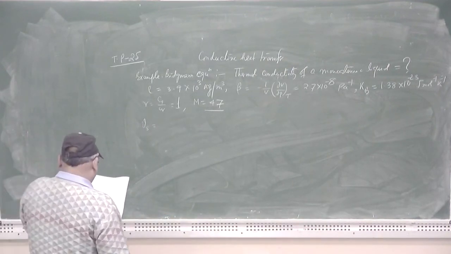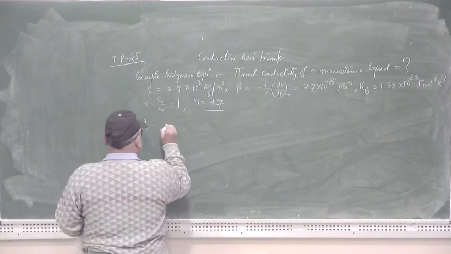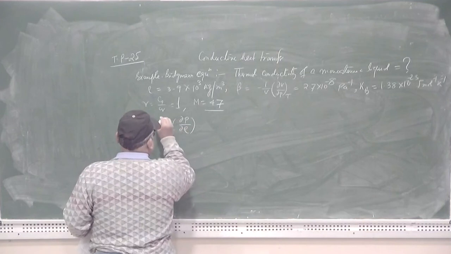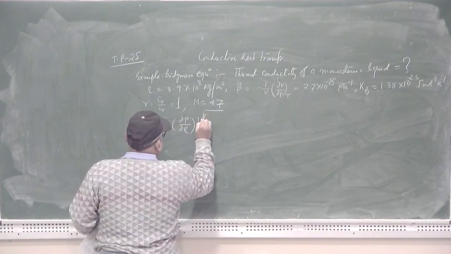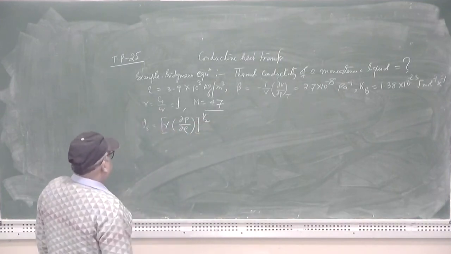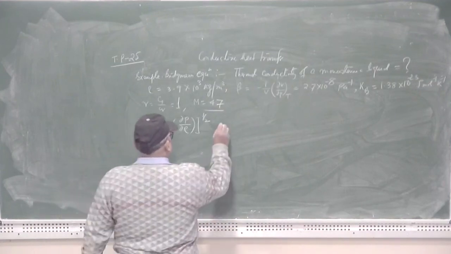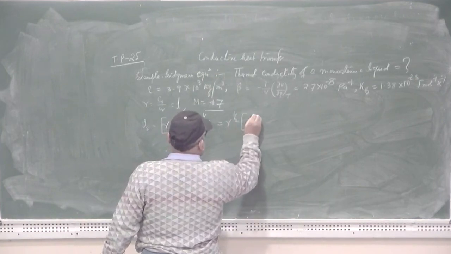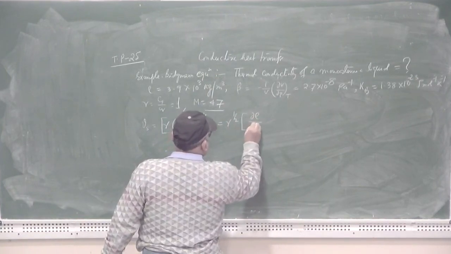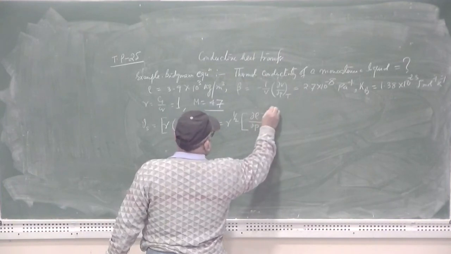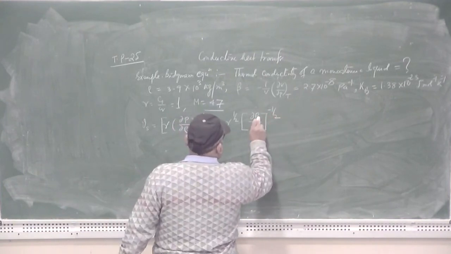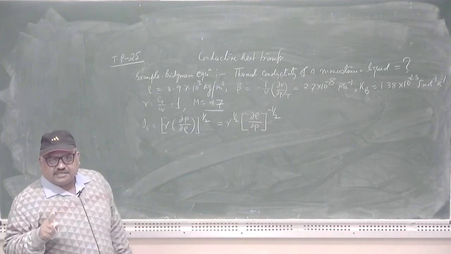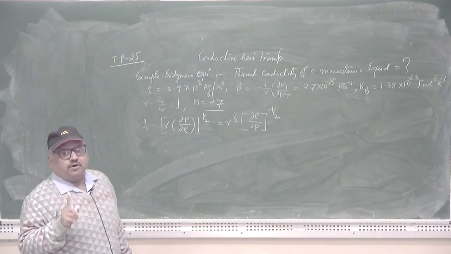Utilizing the Laplace equation here, delta P by delta rho, a whole raised to the power half, is equal to gamma raised to the power half, and we can write delta rho by delta P raised to the power minus half. Rho is the density, that is mass per unit volume.